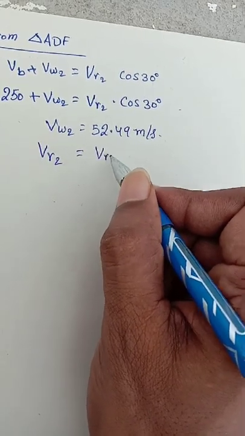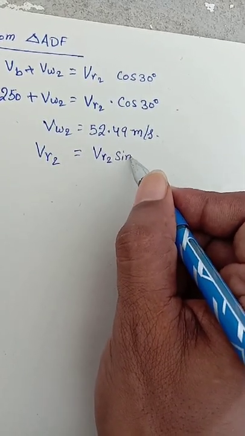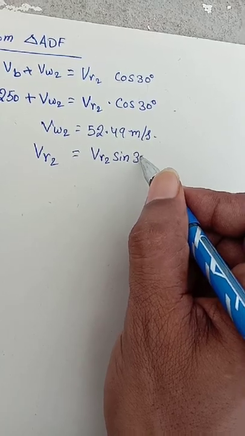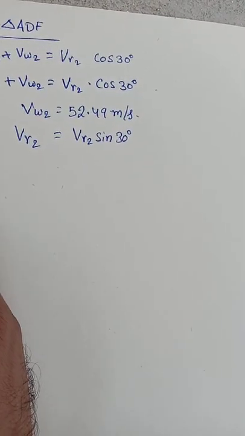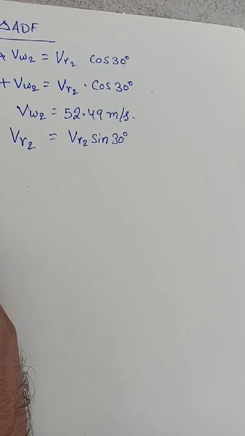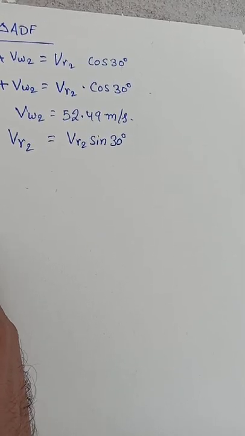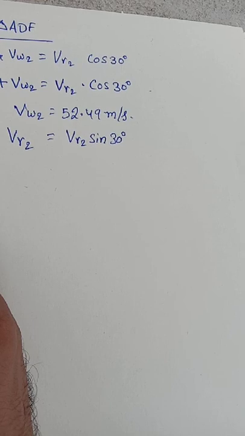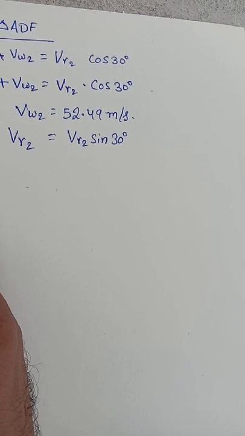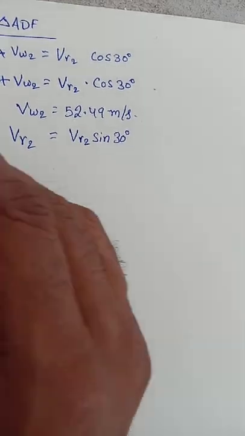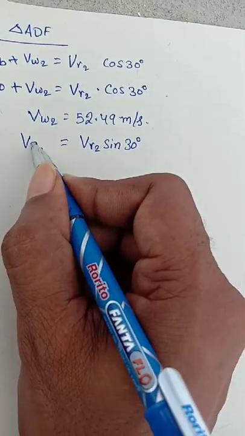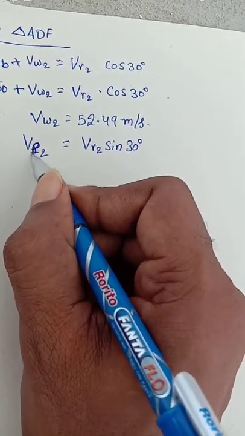Now look at this, VR2. Okay, now for sine 30 degrees, you can look here, this is coming from VF2, not VR2.